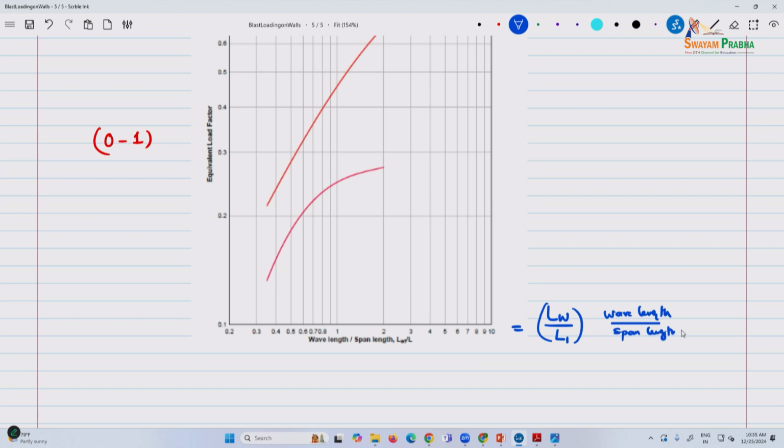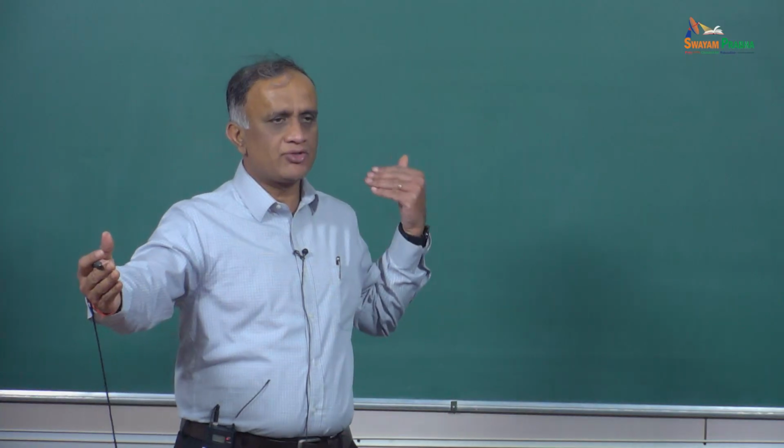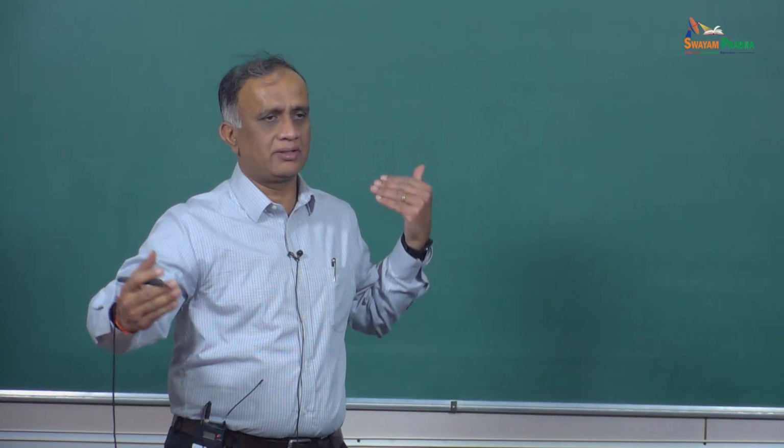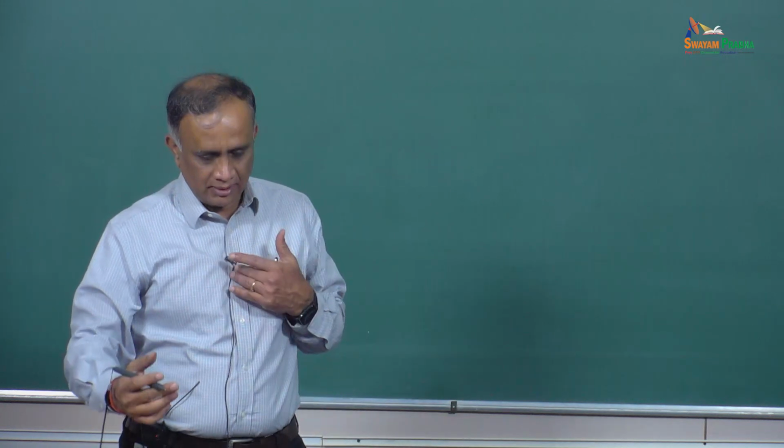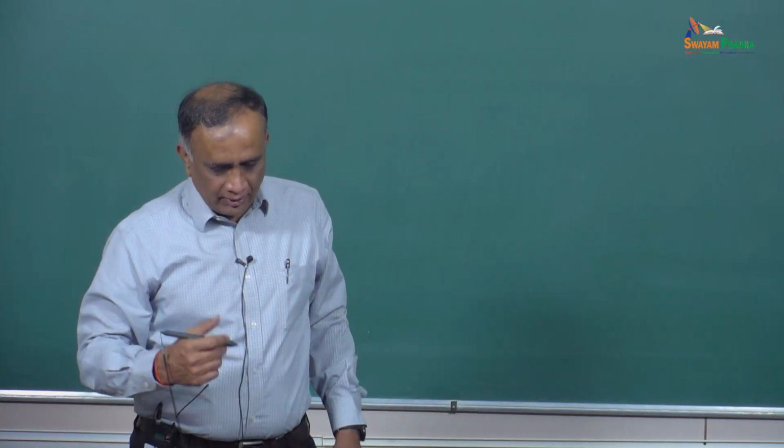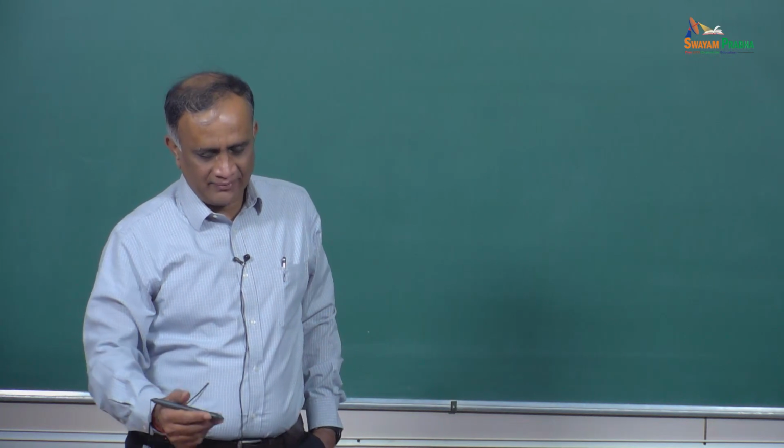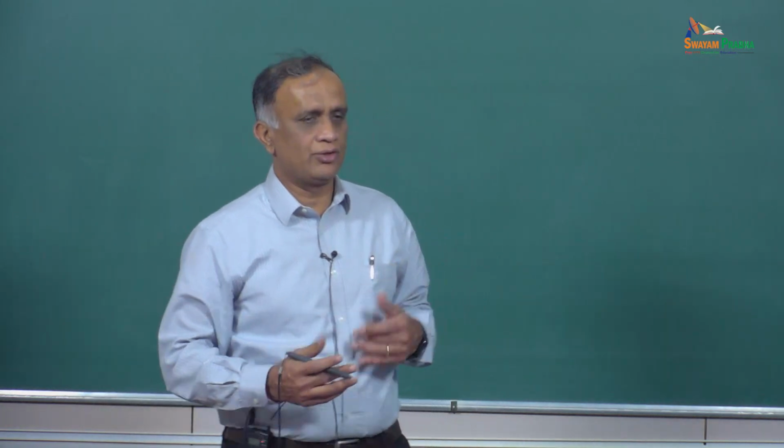Because of the speed of sound, LW is nothing but U multiplied by TD, speed of the wave multiplied by TD. So it depends on the blast wavelength and the span length. It does decrease over time.